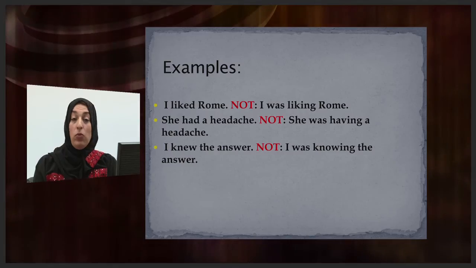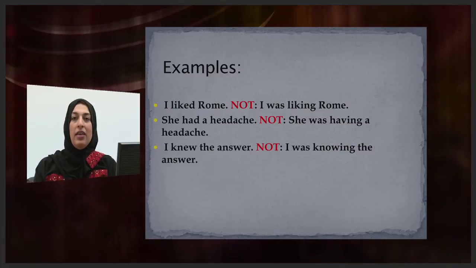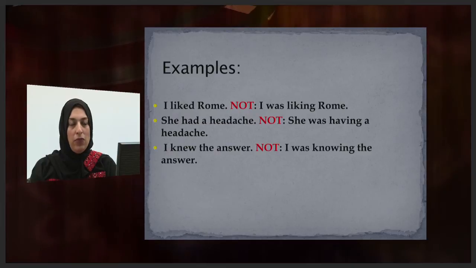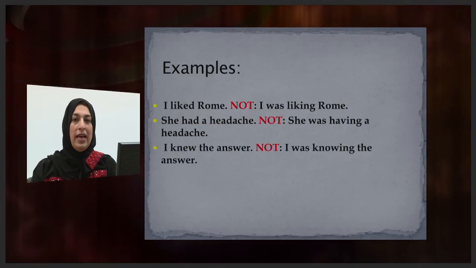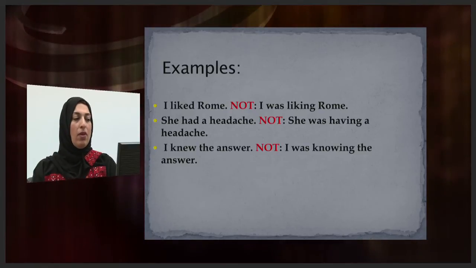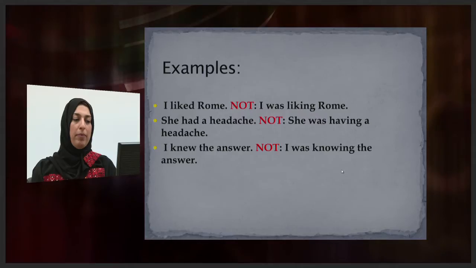We say, I like Rome, but we cannot say, I was liking Rome, since like is one of the verbs that cannot be used with the continuous form. She had a headache, but we don't say she was having a headache. We also say, I knew the answer, but we don't say, I was knowing the answer.